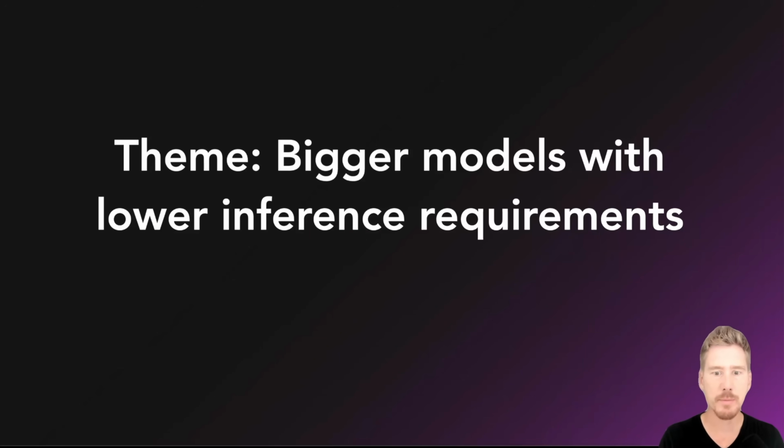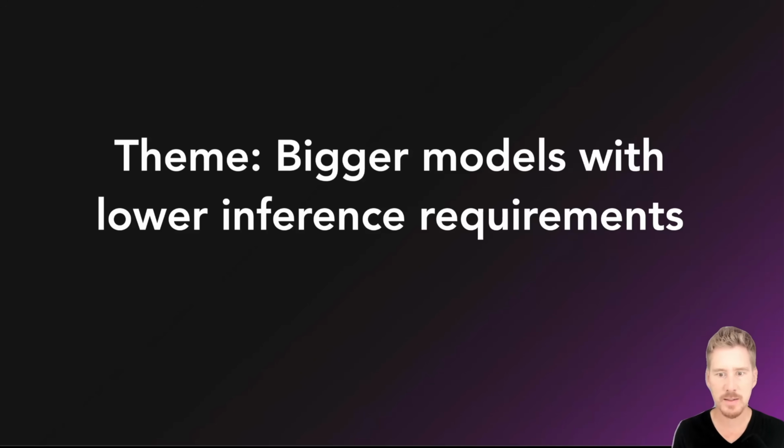And one of the themes this year has been on making the models bigger. For example, starting with DeepSeek version 3, which was about 600 billion parameters, and then Kimi K2 with a trillion parameters and so forth. But more importantly, with making these models bigger, the other theme was lowering the inference requirements so that people can run them in an efficient way.